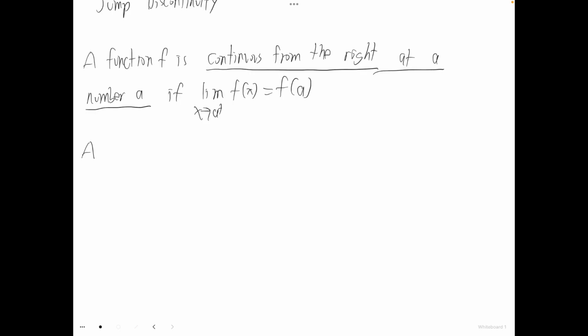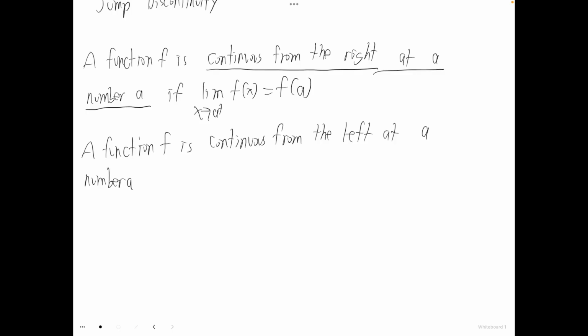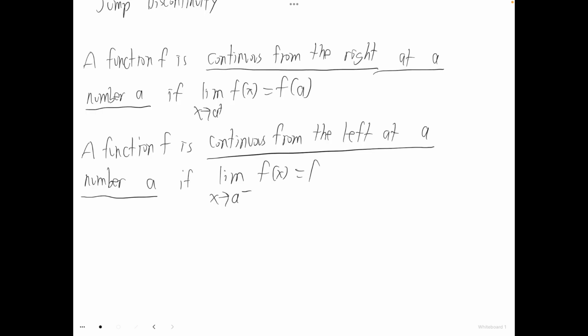And similarly, a function f is continuous from the left at a number a if the limit as x approaches a from the left of f of x equals f of a.